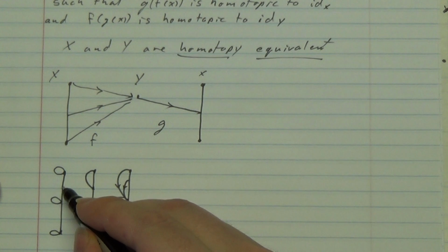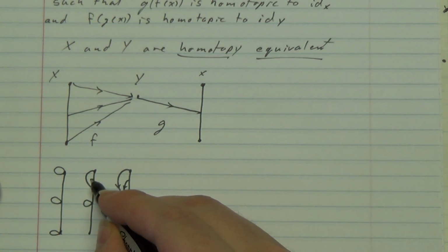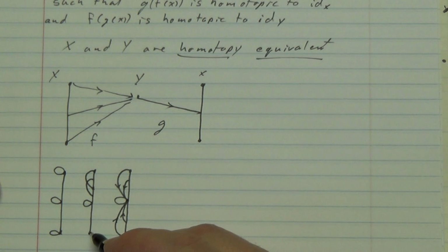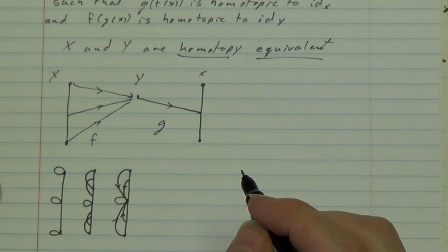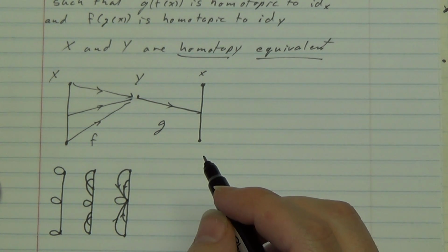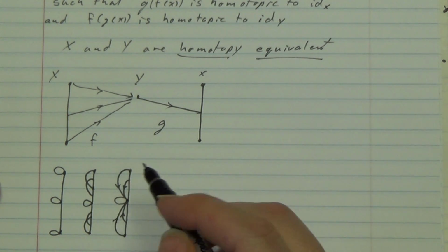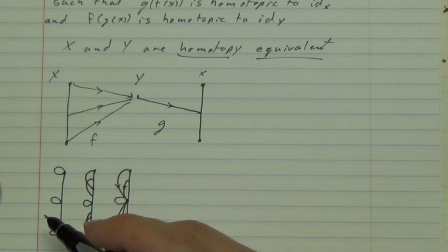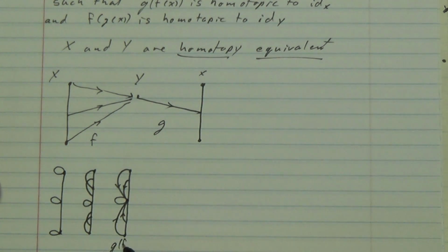And the endpoint of this little loop here needs to move all the way here, so let's move it halfway, and so on. Like that. So by moving these endpoints of the loops, we get a continuous deformation from the identity map to the map G of F of X.